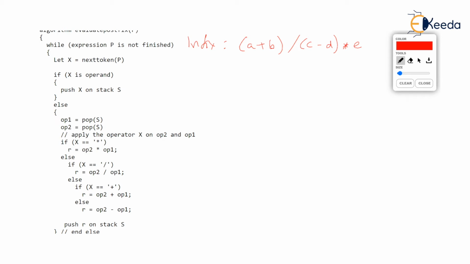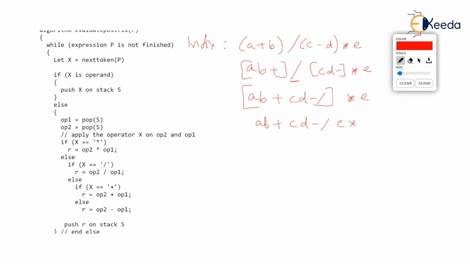Then what is the postfix of this? This is ab plus upon cd minus into e, and then upon will be done first. So ab plus cd minus slash into e, and finally ab plus cd minus slash e asterisk.